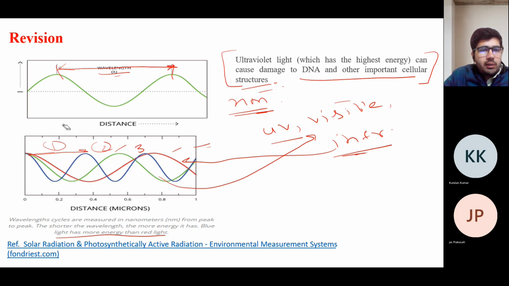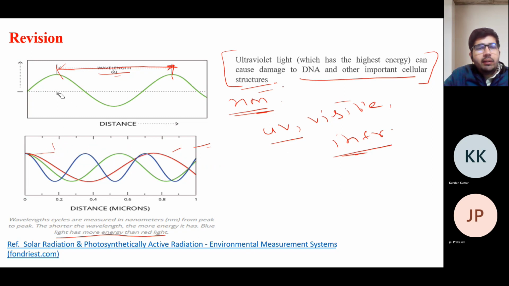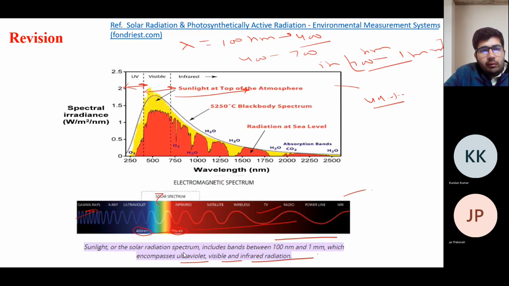These are the diagrams in which we can see the peaks of a wave. The distance between the peaks of a wave is denoted the wavelength, and it is measured in nanometers. The sunlight is in three bands: UV, visible, and infrared, and the wavelength varies from 100 nanometers to 1 millimeter.